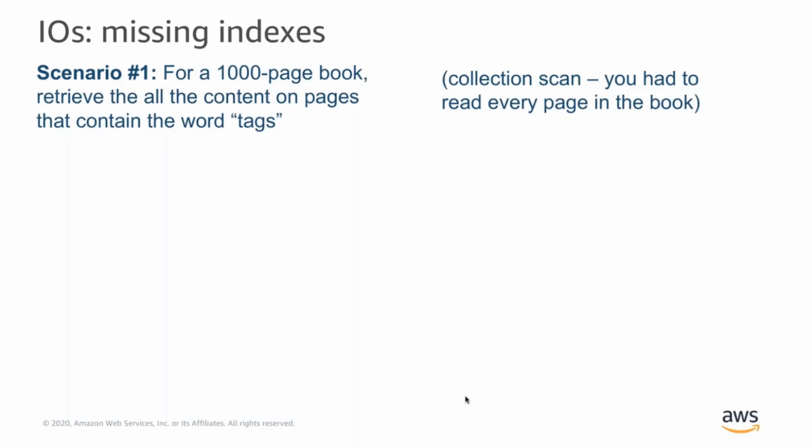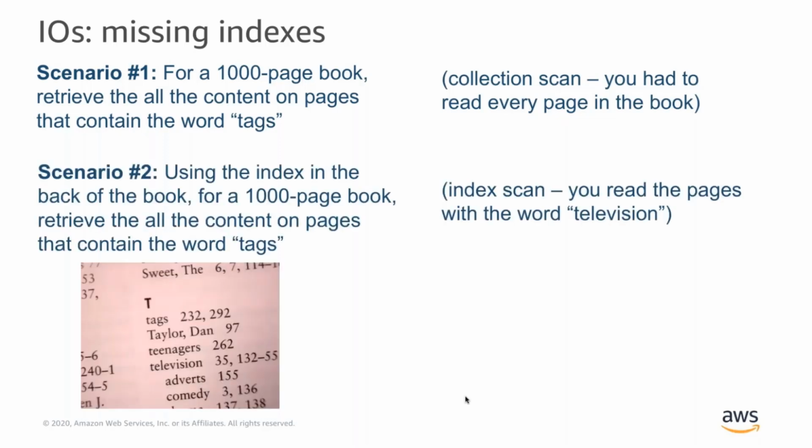In databases, we call this a collection scan, right? Basically, you're going to read every page in the book looking for that particular word, tags. And to do that, you're going to go through a lot of I/O because you have to read every single one of those pages. And every time you read a page, if it's not in memory, that's an I/O. This is where indexes come in, right? Think about the analogy of the index in the back of a book. Indexes allow you to go directly to the pages that contain the words you're interested in, right? And it cuts down on the I/O significantly, right?